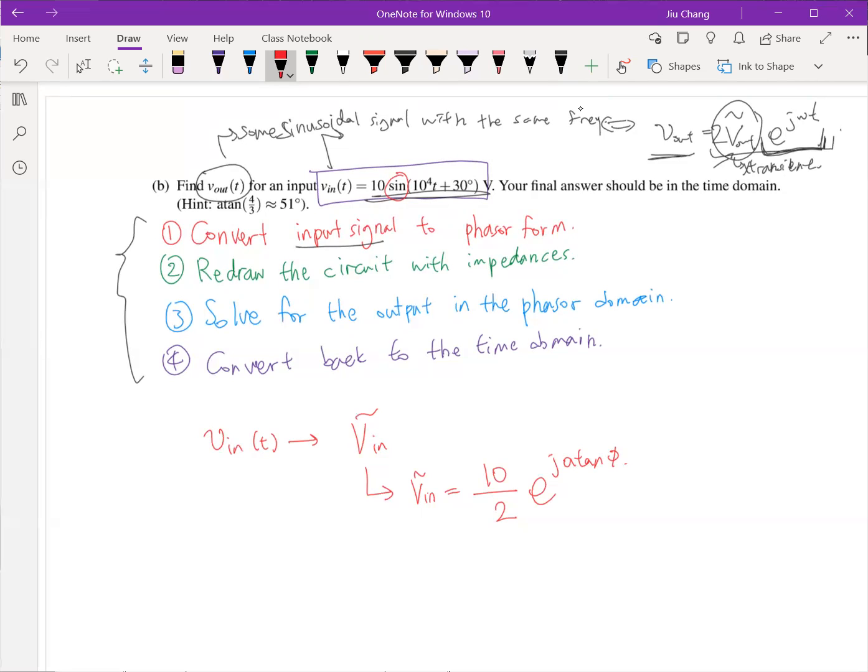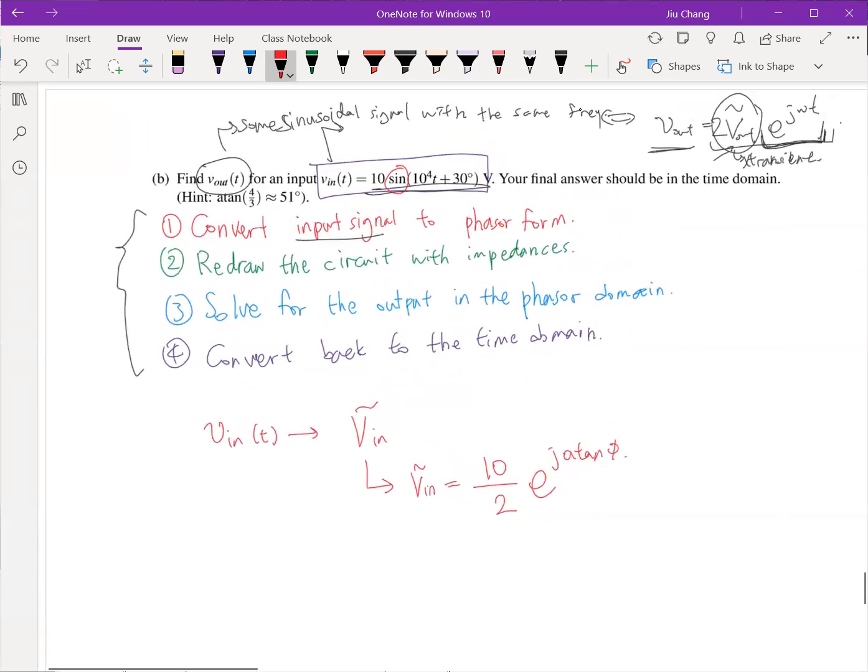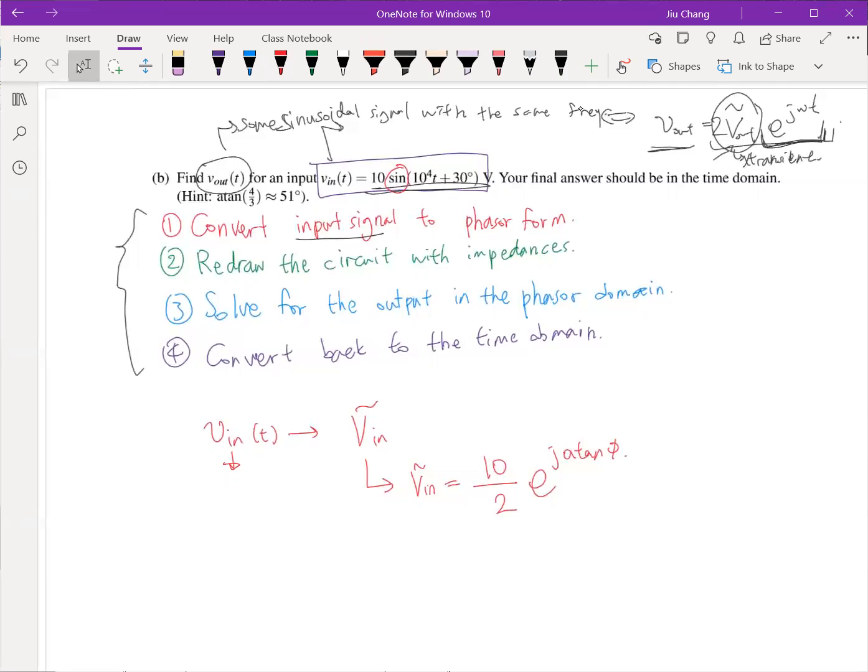So that means we should first convert our input signal in the time domain to a cosine form. The reason we're doing this is that when we're using this form, I actually forgot to put something very important here, which is a real part.